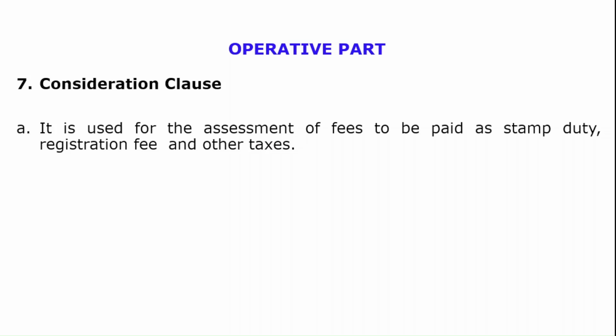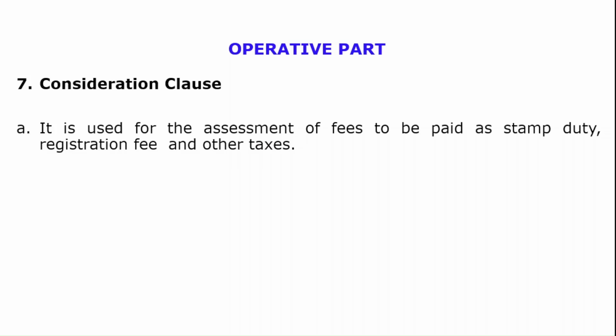Since this consideration clause is about the money or money's worth, it will state the amount that the assignee paid to the assignor in order to get the legal interest in that land, that is, to get the unexpired residue in that land transferred from the assignor to the assignee. So the tax master will look at the consideration. Oh, it's 400 million. Then he knows how much to charge based on the value of the land.